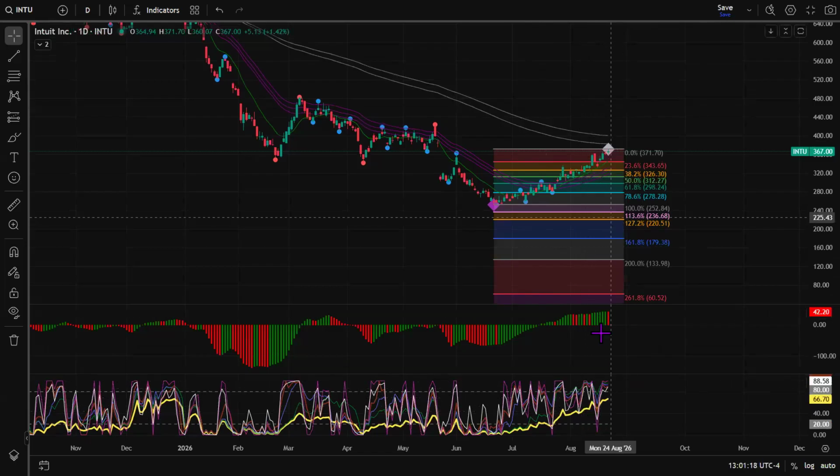Sometimes, when we get the gray semaphore, I like it to fall above the tunnel, and I like the yellow bungee to go in the upper reversal zone. So we're not there yet. So this tells me that maybe we have room to go for the yellow bungee to go into the upper reversal zone. And in that case, I might be interested in taking some kind of a short position, but not right now.